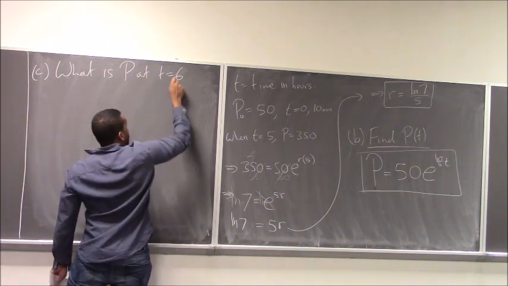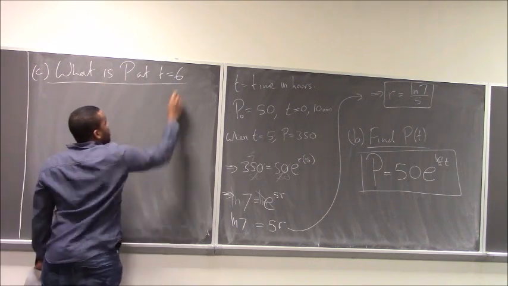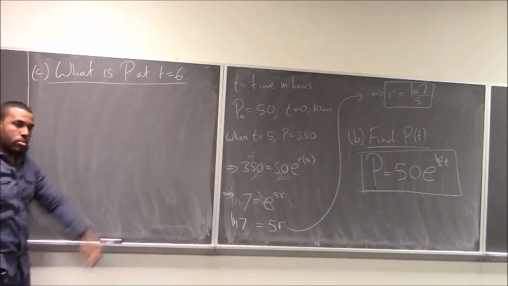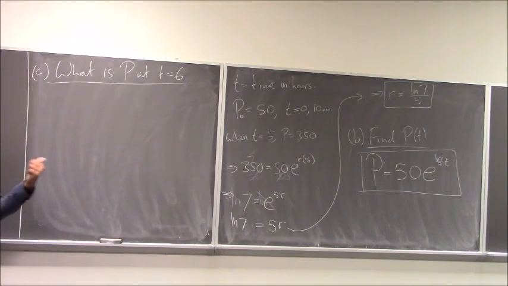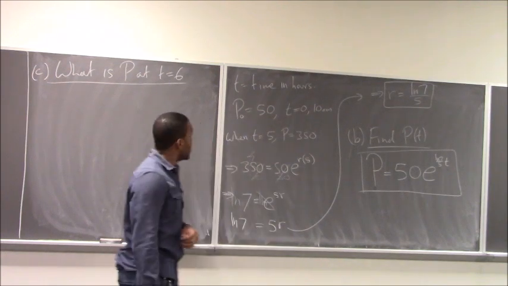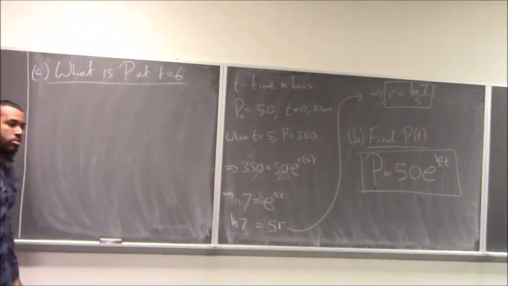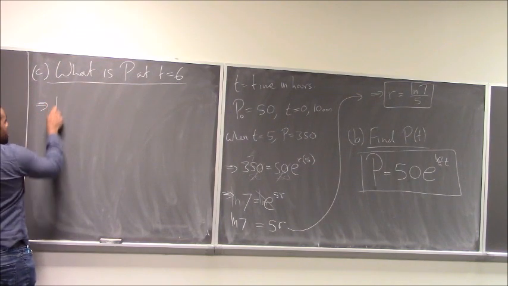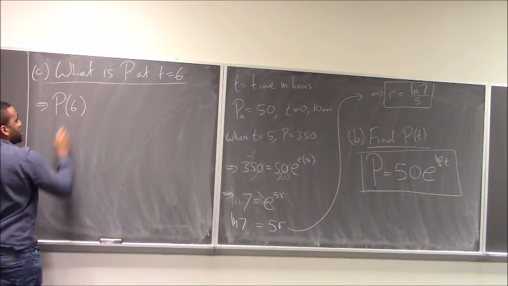So that's 6 hours after we started. Knowing that that's what you're looking for comes from interpreting the problem. We know that 10 a.m. is time equals 0. We're measuring time in hours. So 4 p.m. is 6 hours from the time we started.